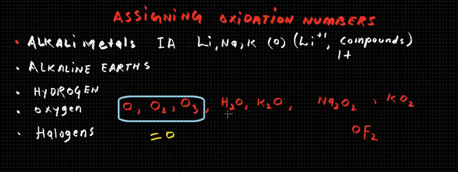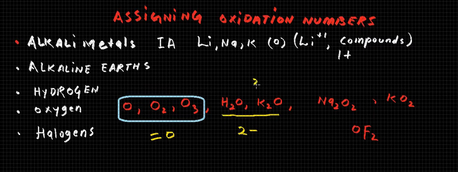In oxides, normal oxides, oxygen is highly electronegative, other elements are electropositive, so here we have to say that oxygen has -2 oxidation state, because we have already discussed that hydrogen will have +1 and alkali metal will always have +1.